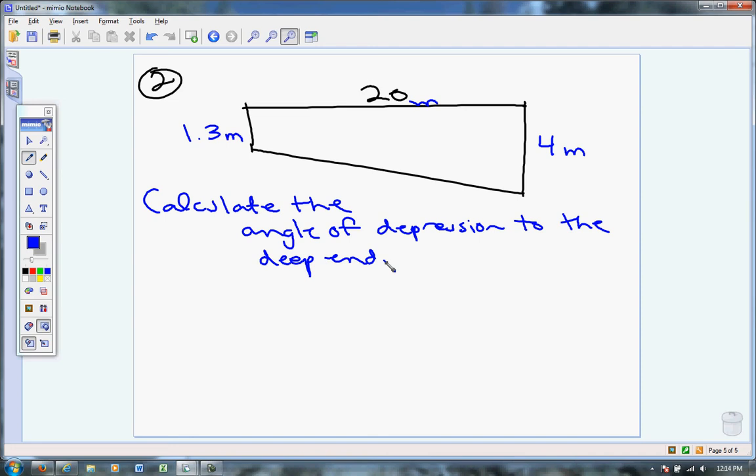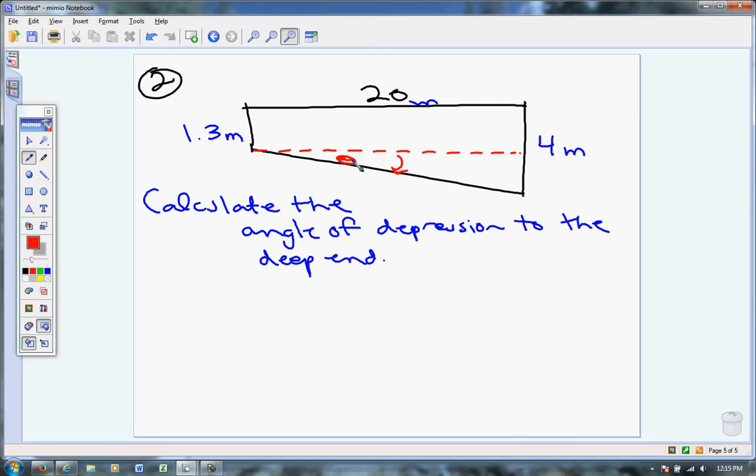Now, when we talk about an angle of elevation or an angle of depression, we always start from level. So we're going to start there, and since it is an angle of depression, we're going to swing down that way. So the angle we're looking for is right here. There's my theta.